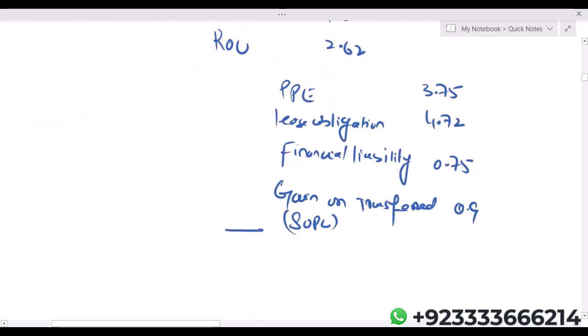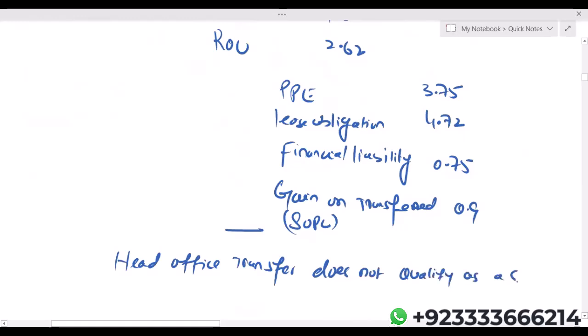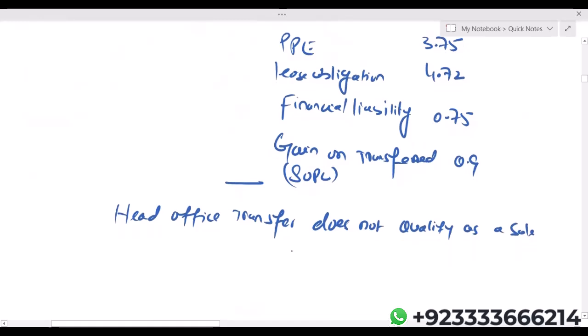So when head office transfer does not qualify as a sale, in that case, whatever consideration we have received debit, simply financial liability will be credited.